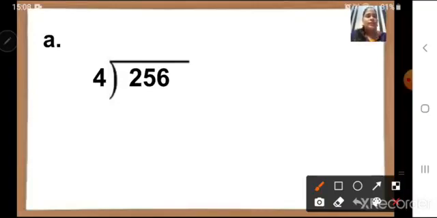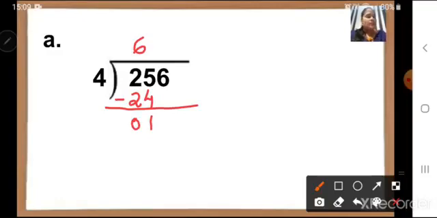So we have got a nearby number, which is 4 6s are 24. It is the nearest one. So we'll write here 4 6s are 24. Okay, now we'll subtract it. 5 minus 4 is 1 and 2 minus 2 is 0.